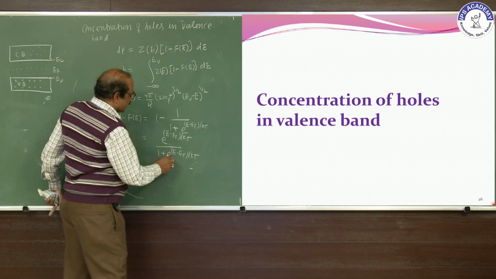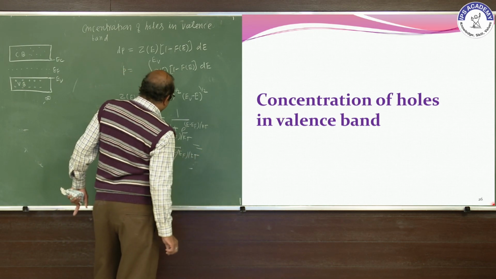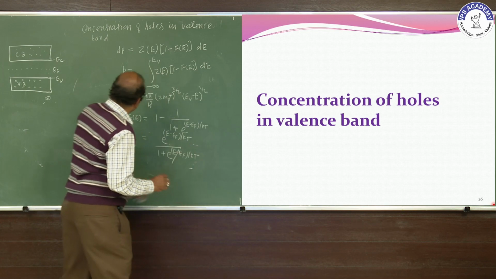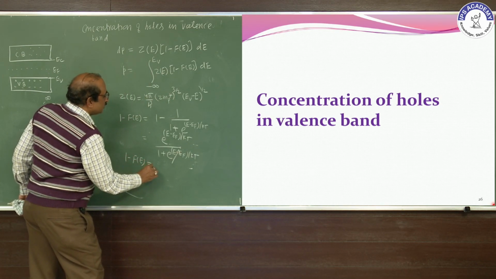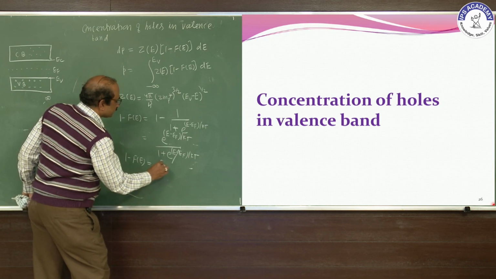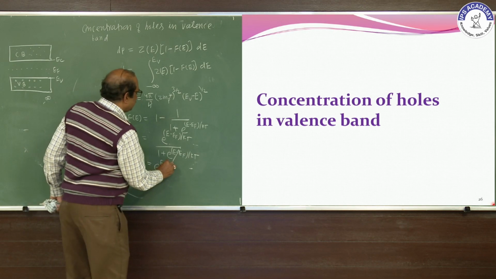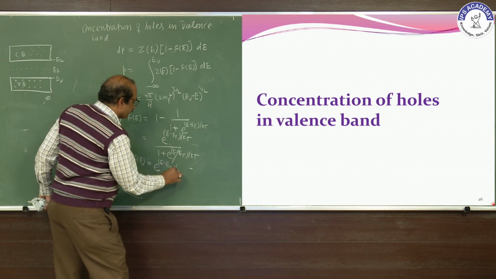So this term can be neglected in comparison to 1. So the value of 1 minus Fe would be e to the power (E minus EF) by KT.